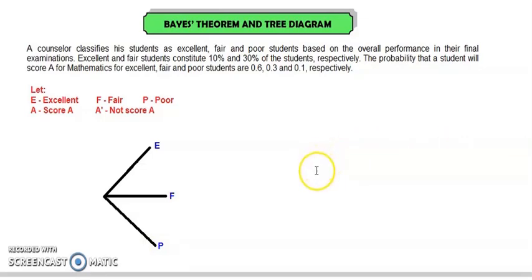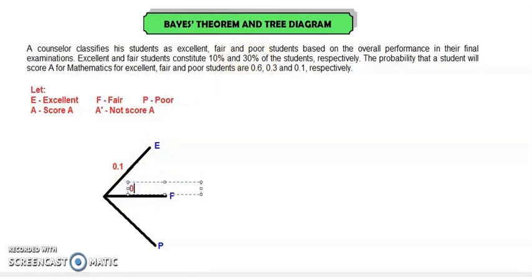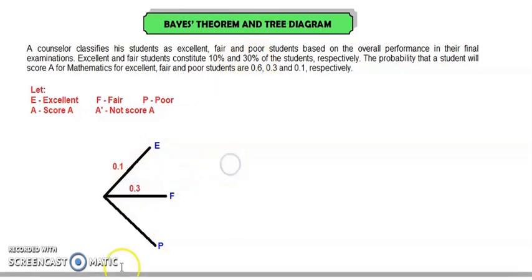Okay, once you label, assign the probabilities. What is the probability for an excellent student? Excellent student is 0.1. Fair student is 0.3. So what is the probability for poor student?